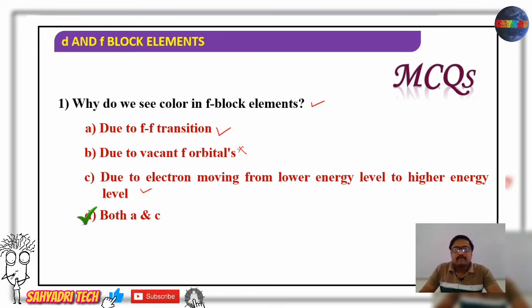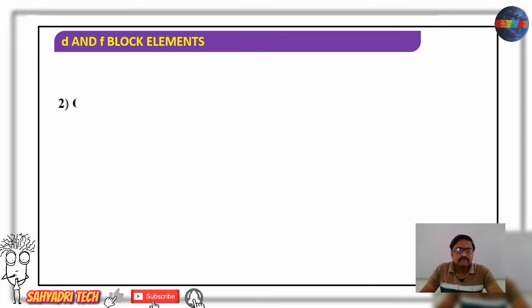Next one: out of the following, which is colored? Praseodymium 3+, cerium 3+, ytterbium 3+, and gadolinium 3+. Gadolinium is 4f7, ytterbium 4f13, cerium 3+ is 4f1.